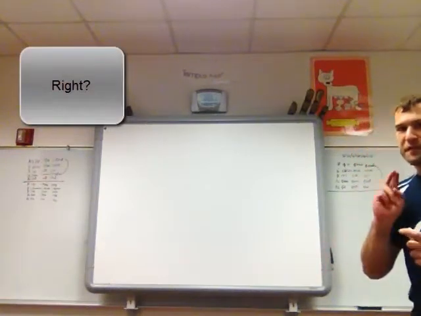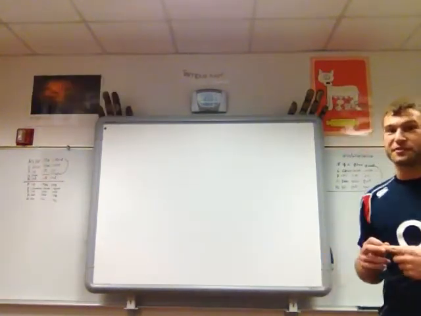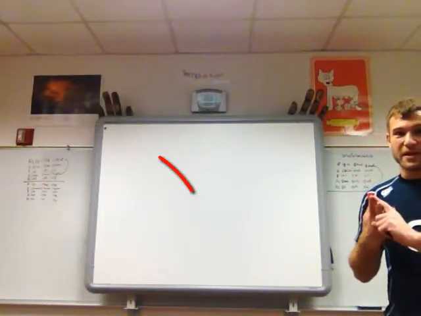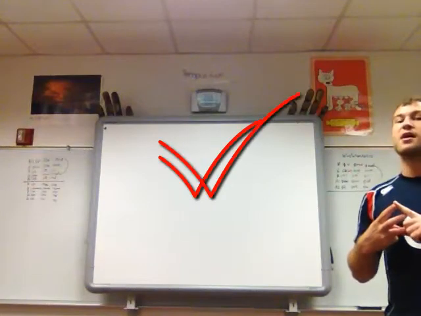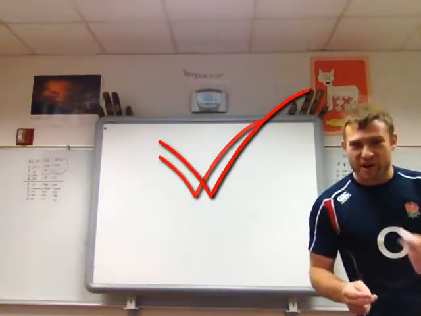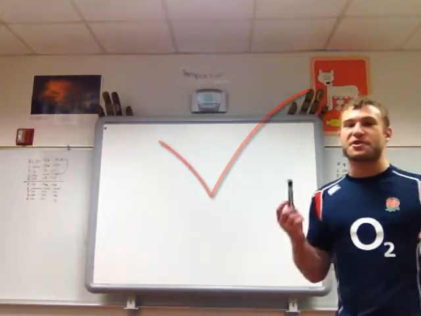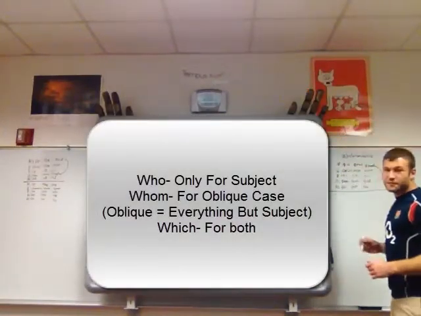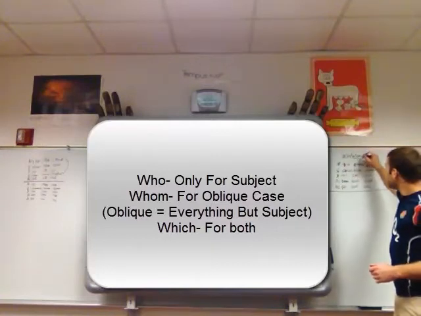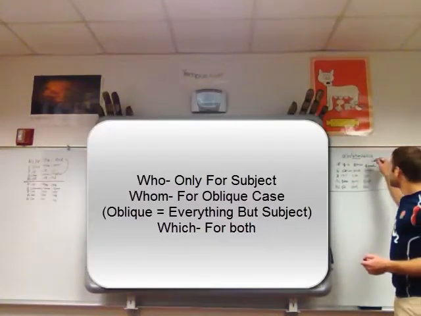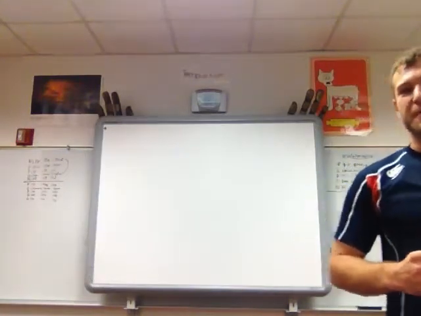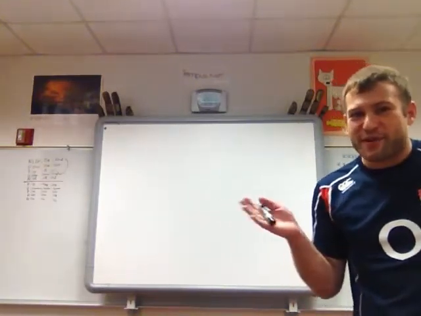How many cases do we have in English? We have one, which is the nominative, and we have the second case, which is the oblique case. The oblique case is for everything except for the subject. Who is only for the subject. Whom is for everything but the subject. And which happens to work for all of them, because it's about things, not about people. And for some reason, that's just how it works. Sorry. I can't help it.